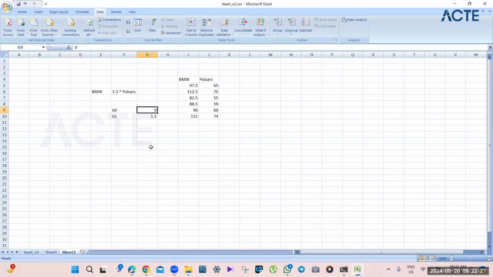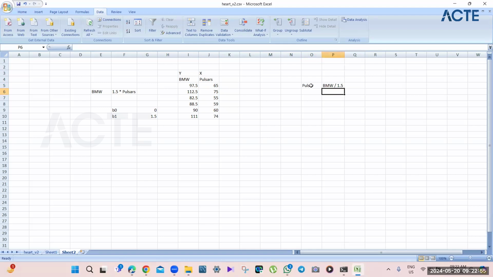Yes. Now let's say I select this as my y variable and this as my x variable. Why? Because BMW's value depends on the Pulsar's value. So I can take this call, or I can take the other one also. How? I can clearly say it like this: Pulsar speed is equal to BMW speed divided by 1.5. This is also true, right?